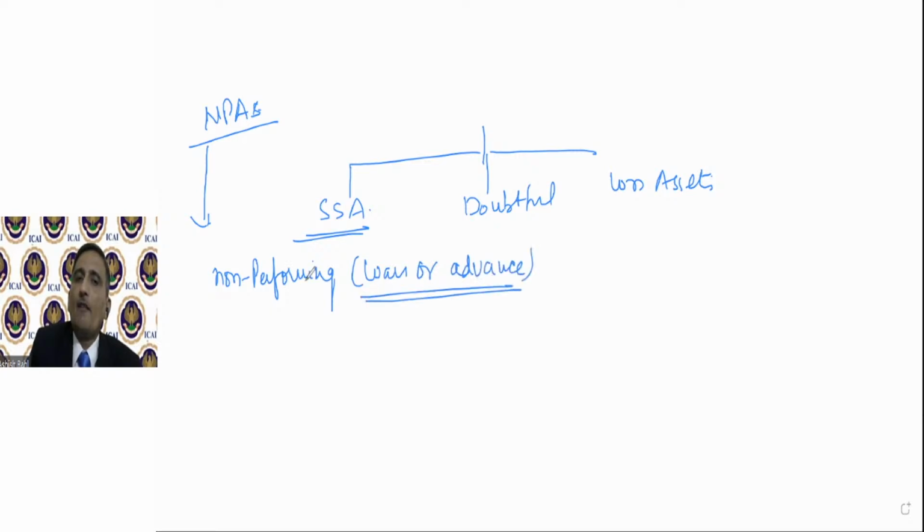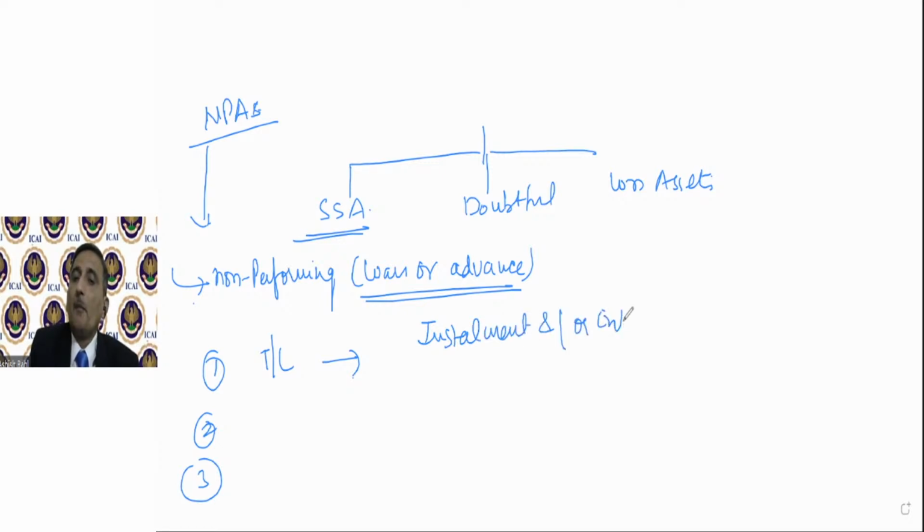So a loan or advance becomes non-performing if there are three types of categories. In case of a term loan, if installment and or interest remains overdue for more than 90 days.